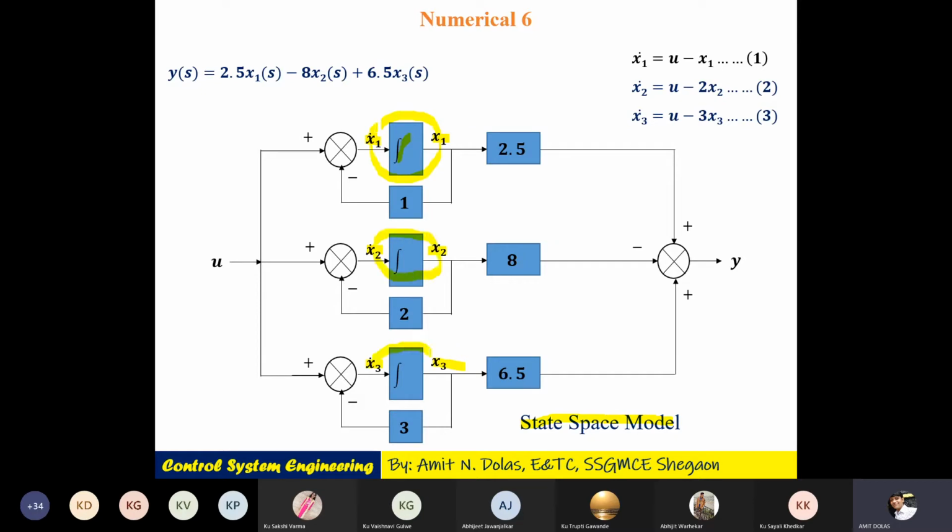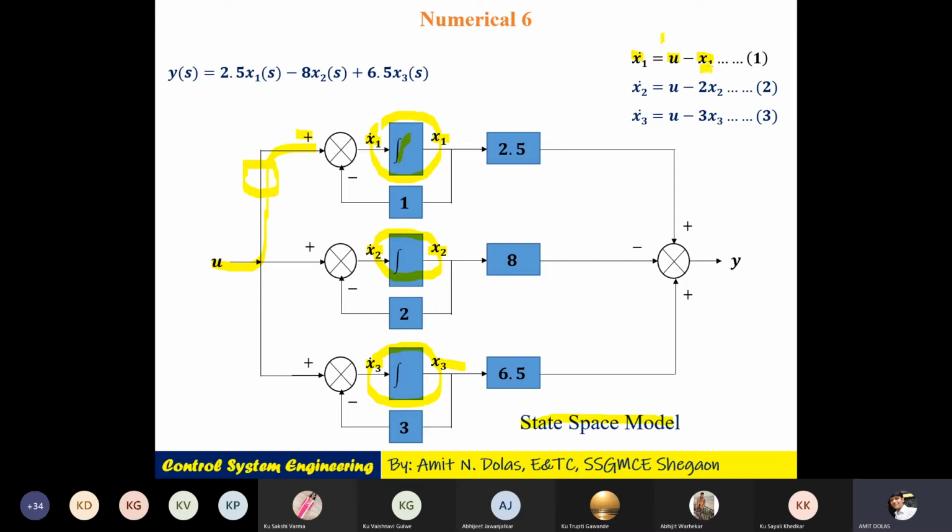Later on, x1 dot is a combination of u into 1 and 1 into x1. So you can see here u is directly fed. If you directly feed this u, it is okay. If you place one block here with one constant, the meaning is the same. It has a plus sign, so there is a plus sign.